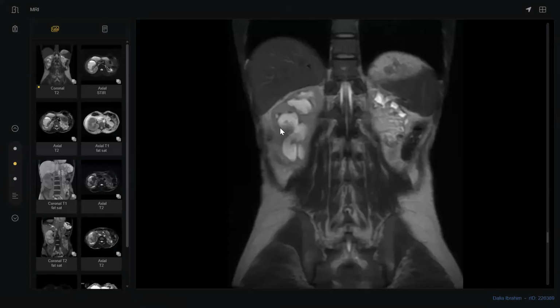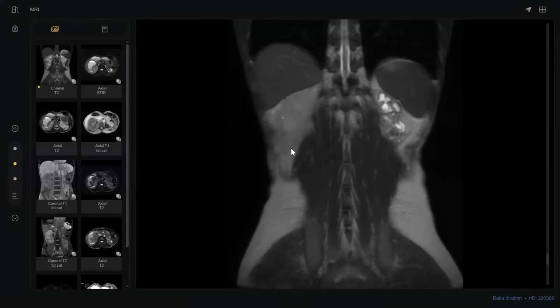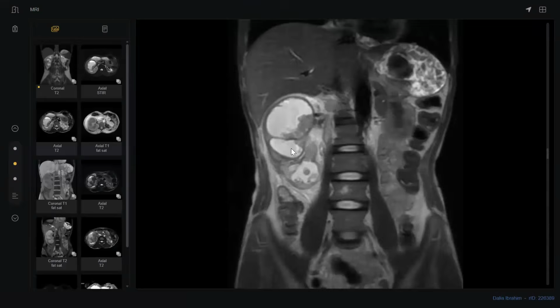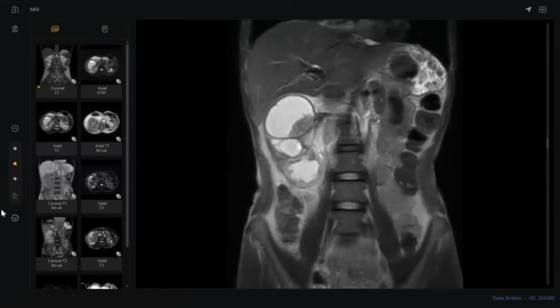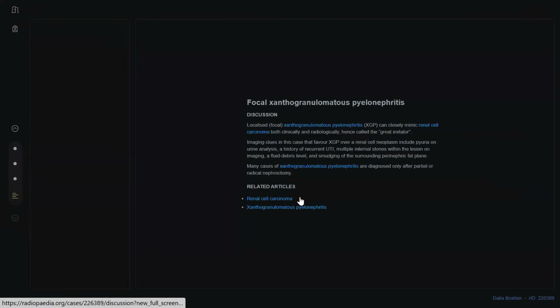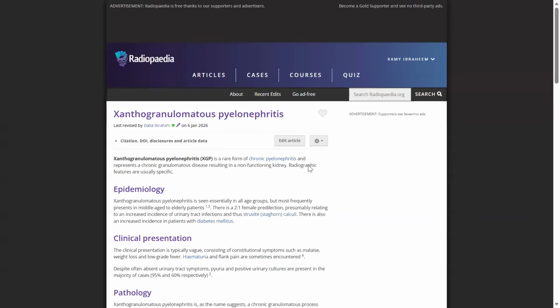Overall, this is a non-functioning kidney and a source of infection, and besides that, xanthogranulomatous pyelonephritis may cause other complications.